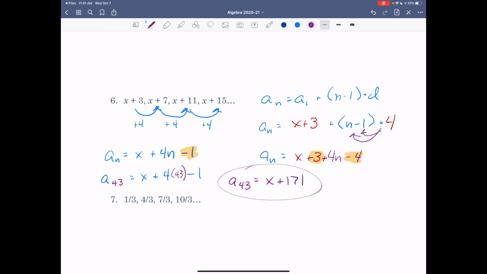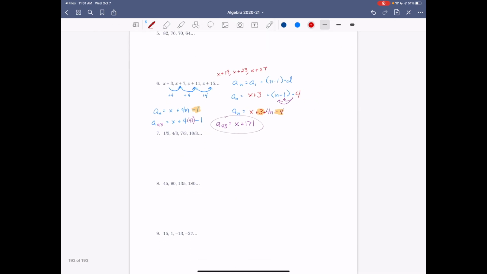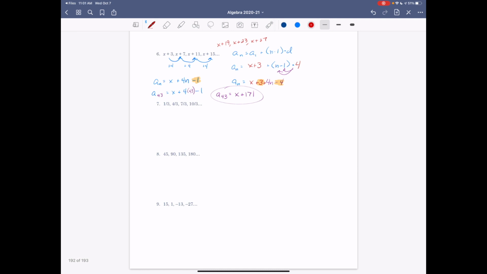And so what you should have come up with was x plus 171. What about the next 3 terms? What would those have been? x plus 19, x plus 23, x plus 27, right? I'll do one more.